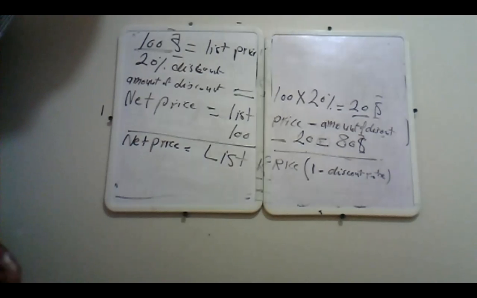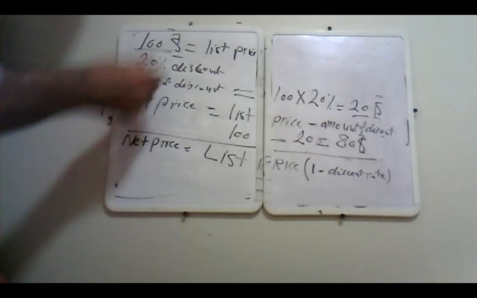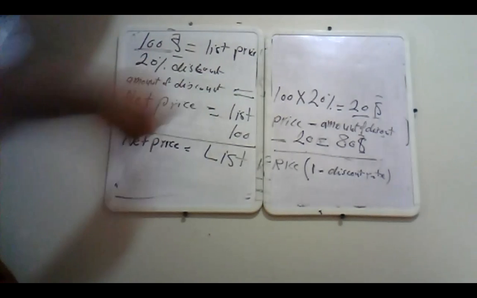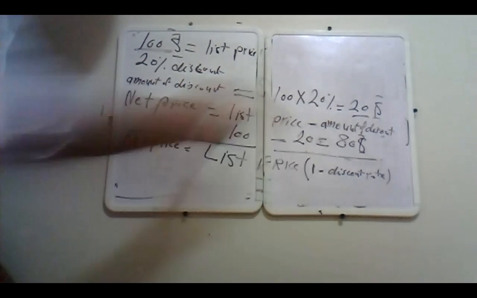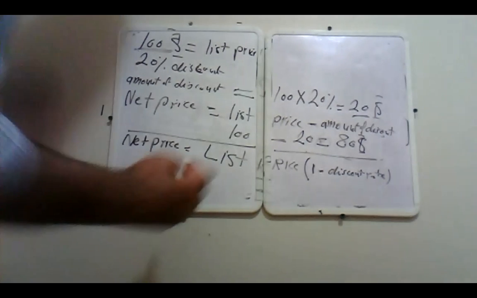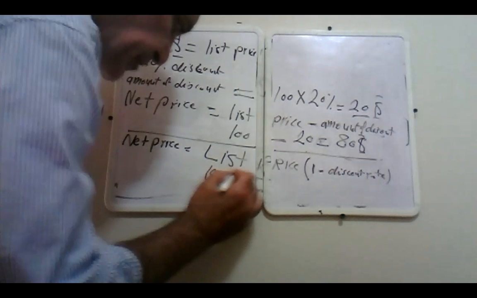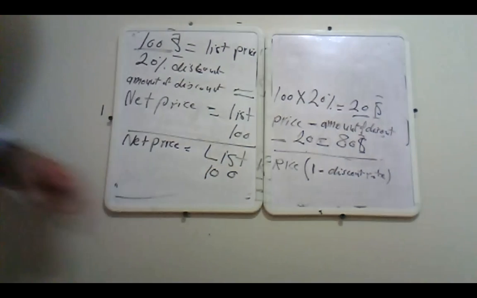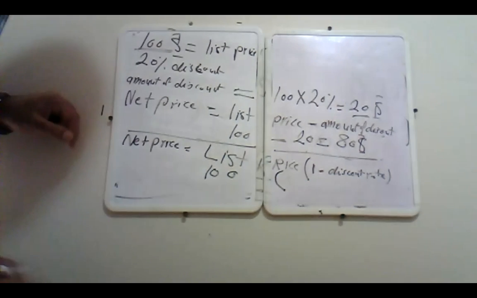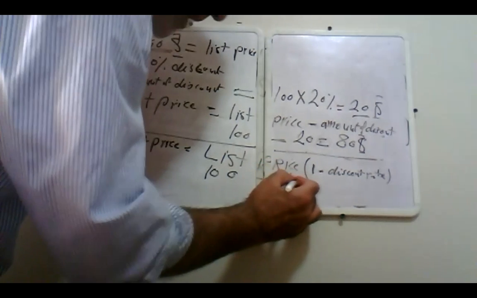So instead of doing it in two steps, where first I get the discount and then subtract it from the list price, I can do it in only one step. The list price is 100, multiplied by 1 minus the discount rate.